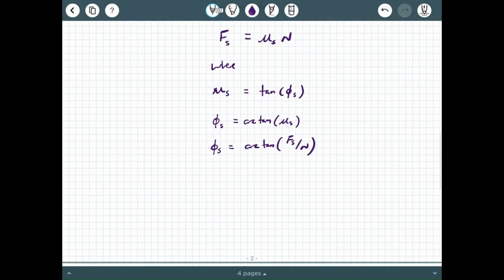So let's talk about motion now, okay? That was impending motion. What about motion itself?